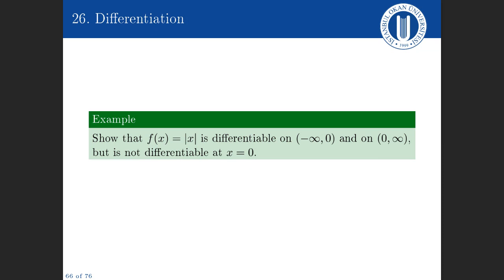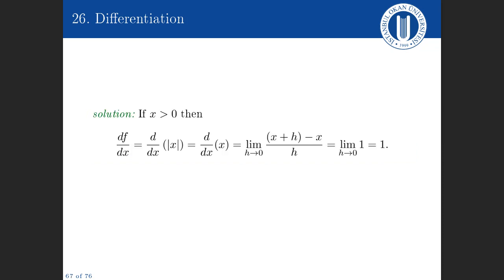Show that the absolute value function is differentiable on the open interval from minus infinity to 0, and differentiable on the open interval from 0 to infinity, but is not differentiable at x equal to 0. Well, we can do our calculation like this.